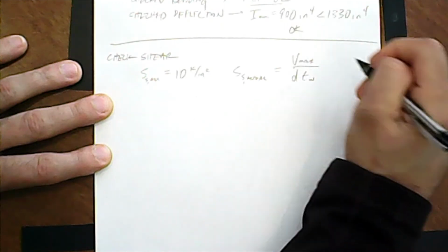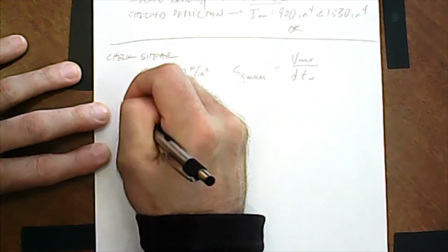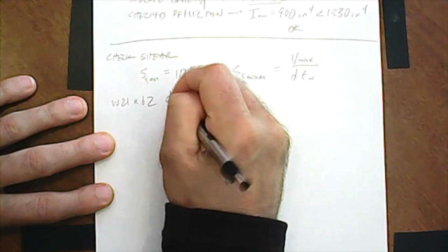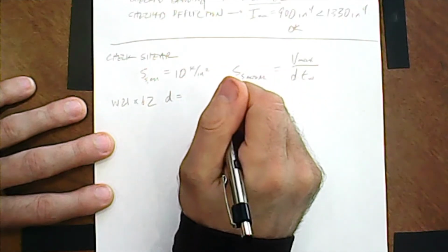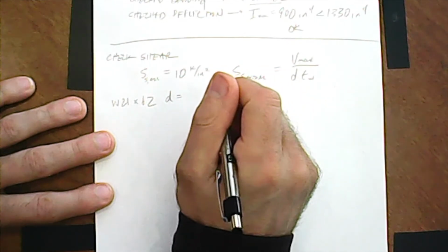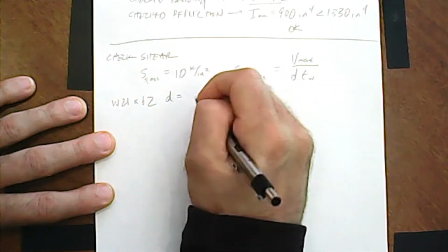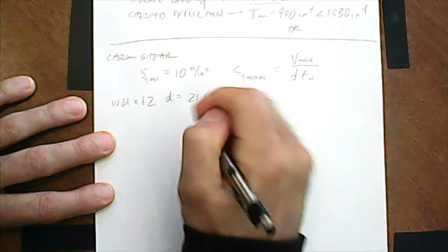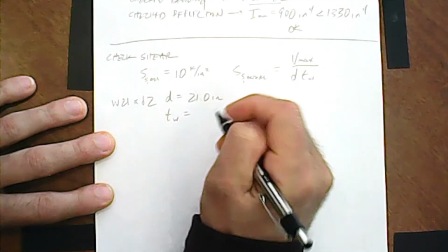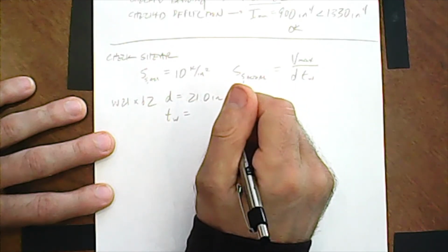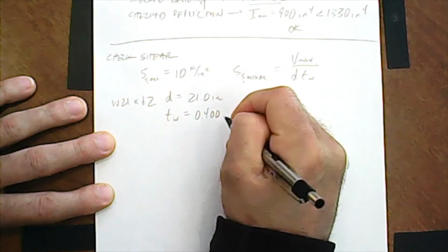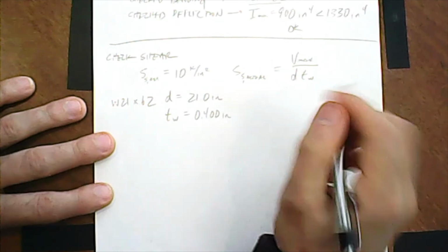And we find out that for the W21 by 62, d is equal to, should be close to 21, shouldn't it? And guess what? It's exactly 21.0 inches. That's not always the case. Okay, tw for W21 by 62 looks like it's 0.400 inches.